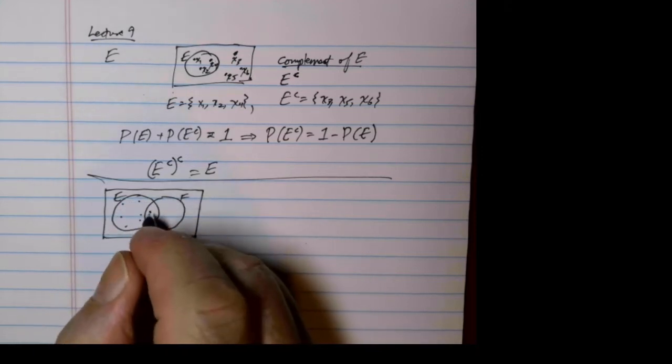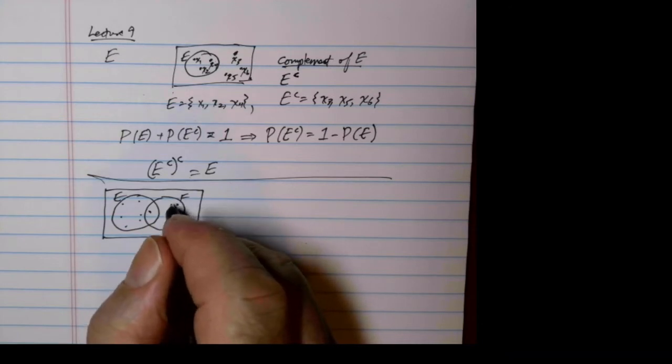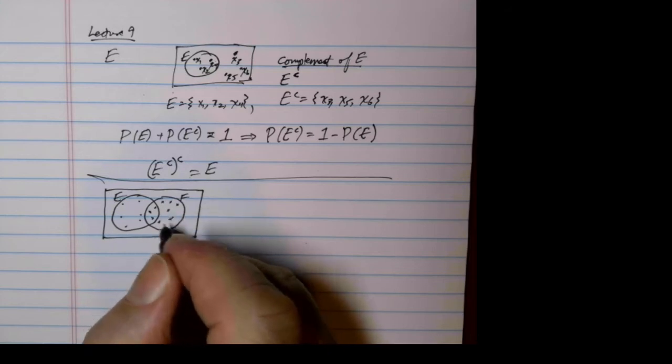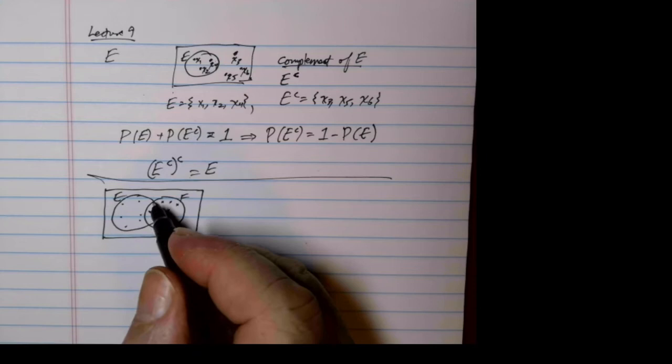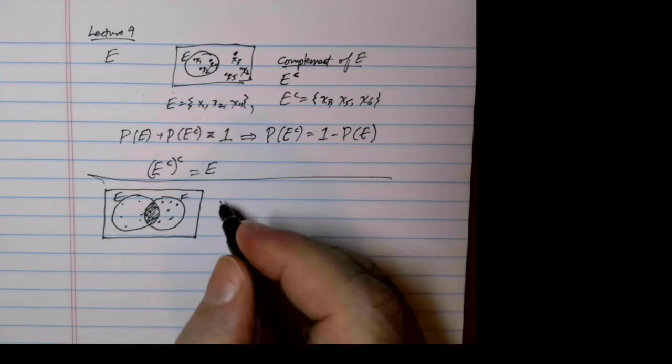So this point in particular is in E. Over in F, all these points are in F. Some of those points are in both. And that is the intersection. All the points that are in both, that's the intersection.